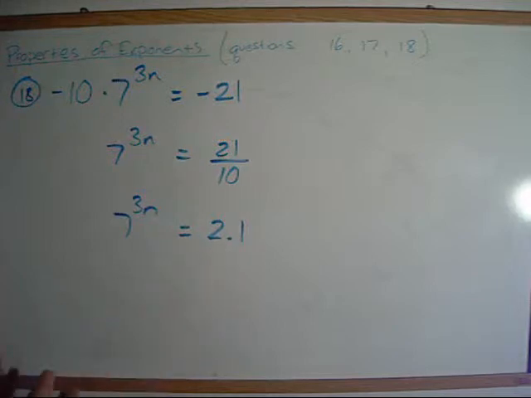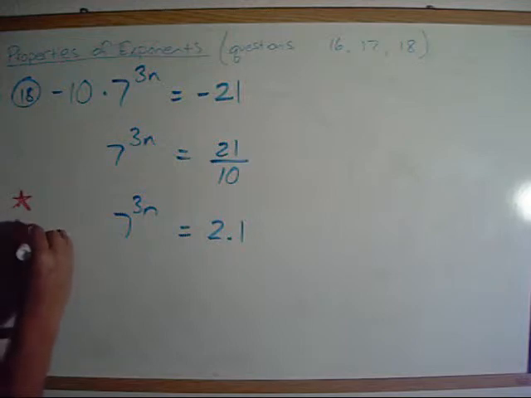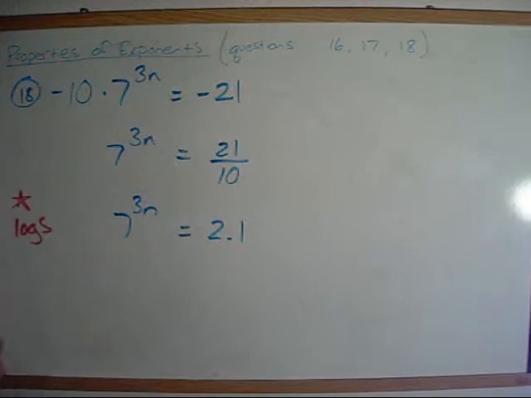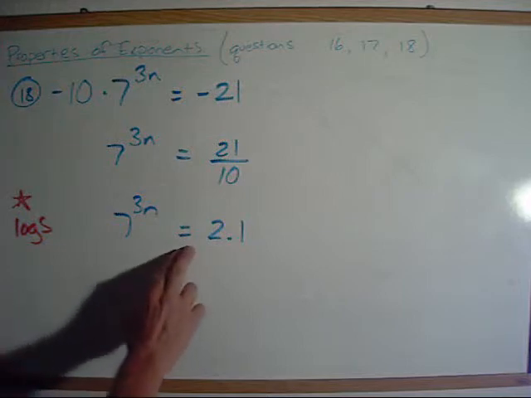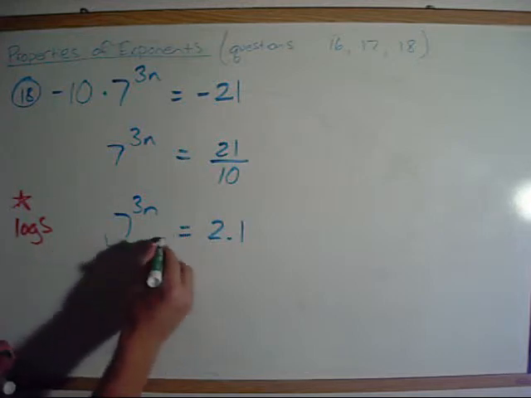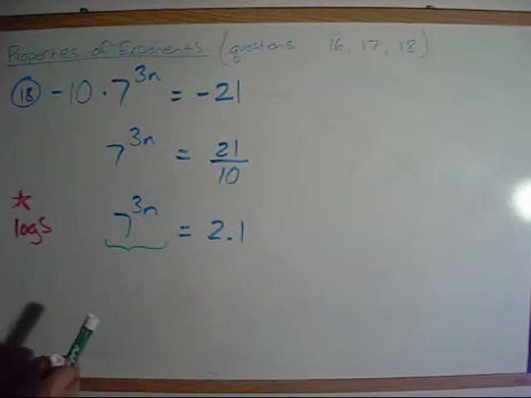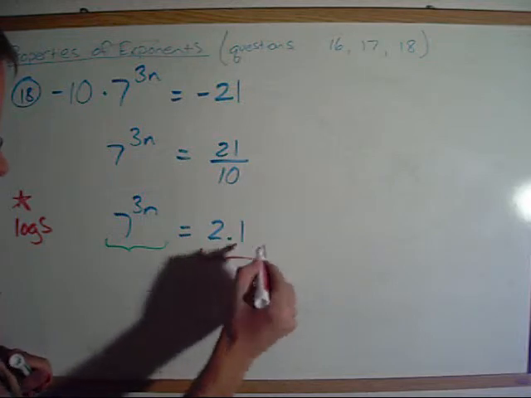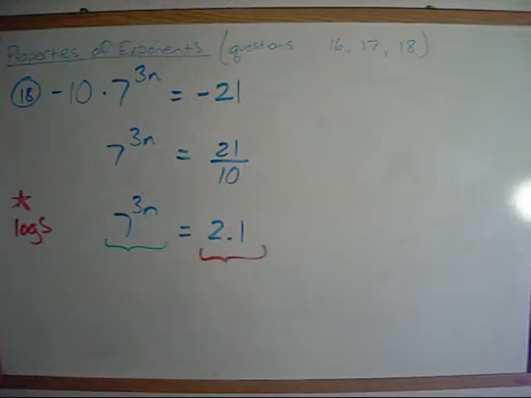So properties of logarithms is what we're going to talk about next video. So I'm going to show you a way to do this without properties of logarithms, using your graphing calculator to help you think about this. So we can think about this equation, and we can think about two functions. This green, call that the left-hand side function, and this function, a constant, 2.1, just a horizontal line.